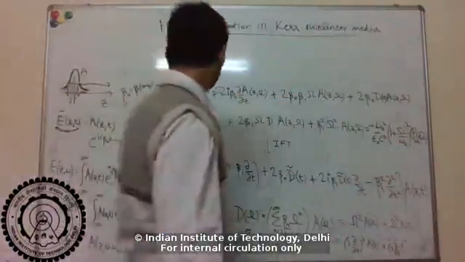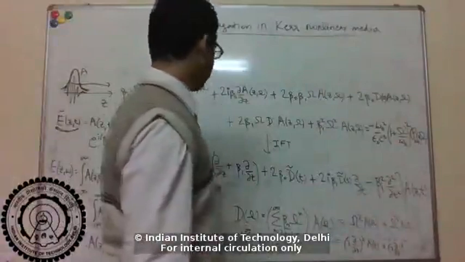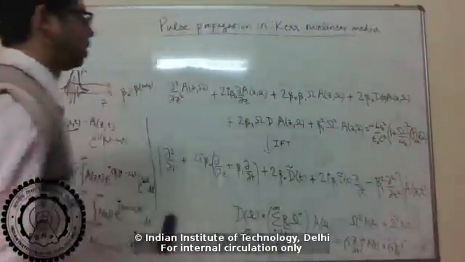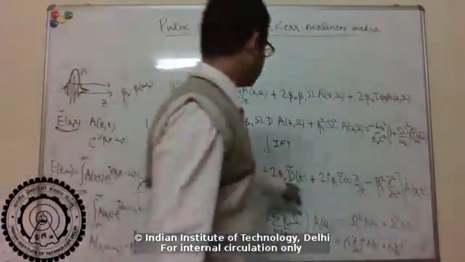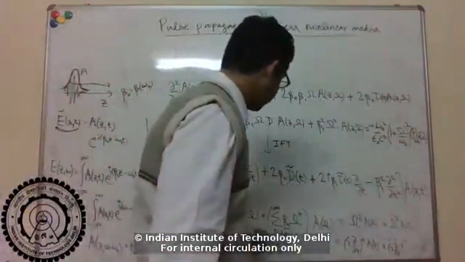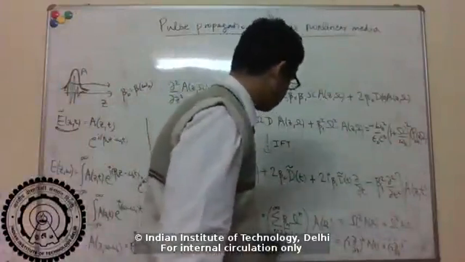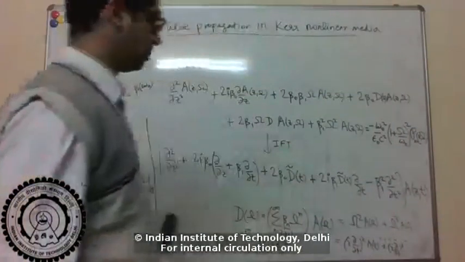I hope it's clear how we went from the frequency domain to the time domain. Now our dispersion operator becomes a time domain operator. Again it has the dispersion coefficient beta n, but now multiplied by the nth order derivative with respect to time.